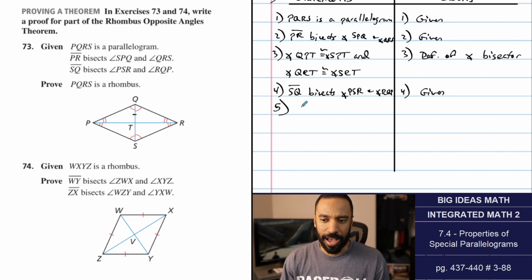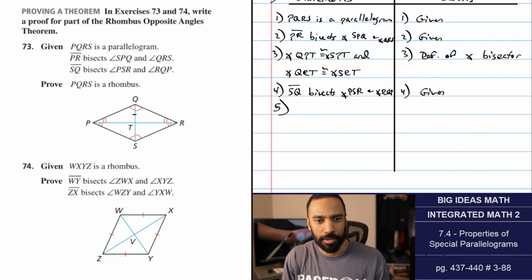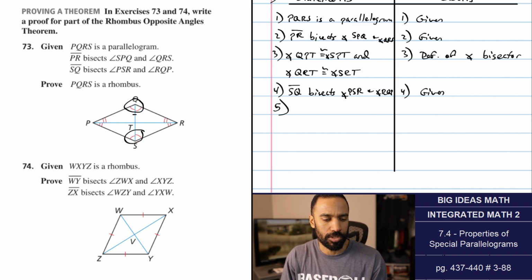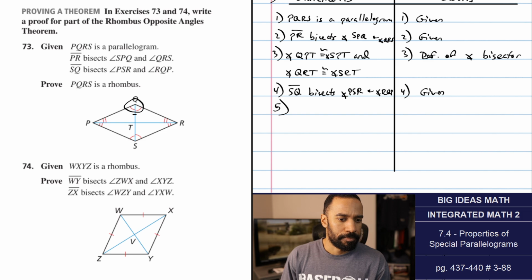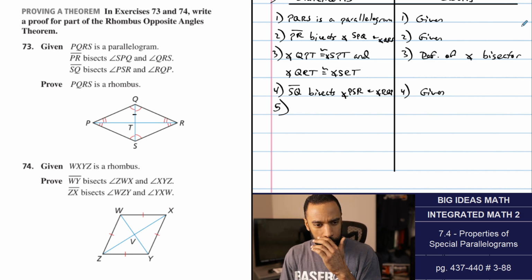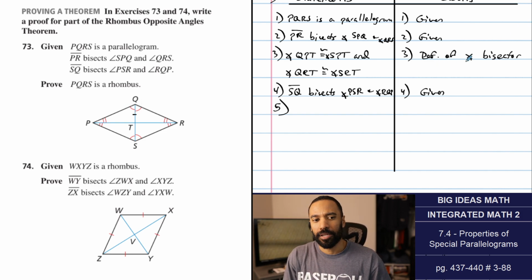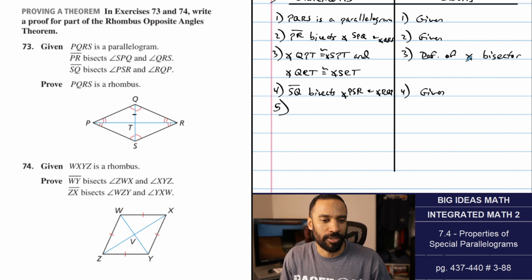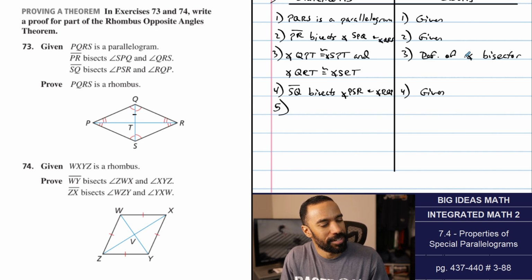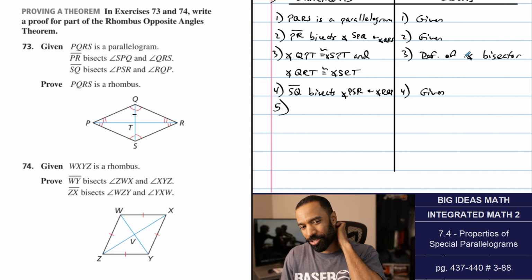So statement 5, now I'm talking about these two angles being bisected. So now these bits are congruent here. And they're congruent to each other. See, the markings of them being congruent to each other lends me to believe that I want to bring something up with that. Still wondering if I should.